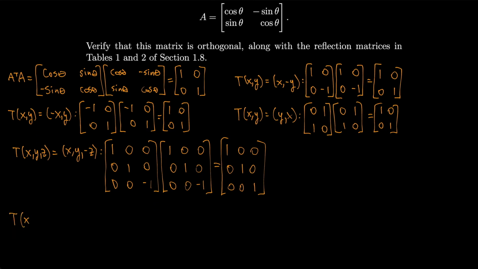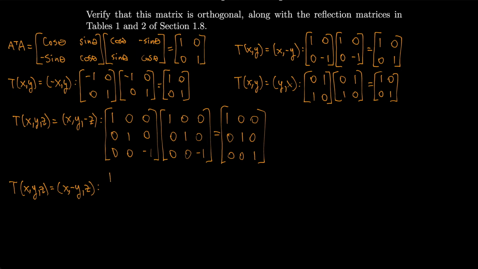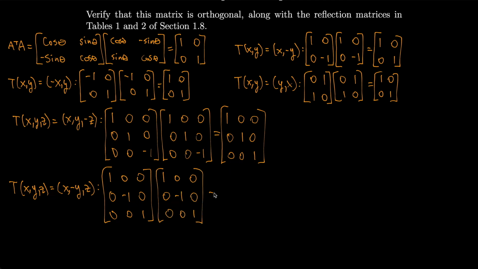Let's look at the matrix that similarly sent x, y, z to x, minus y, z. That takes 1, 0, 0, and then we have a minus 1 for the y. Multiply that by the transpose, which is going to be the same anyway. And again, we get the identity.